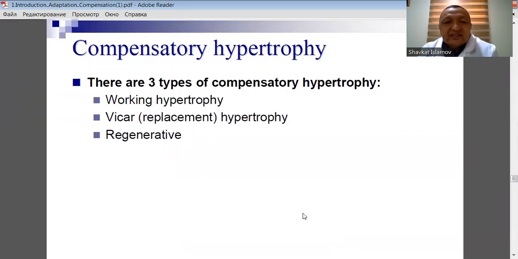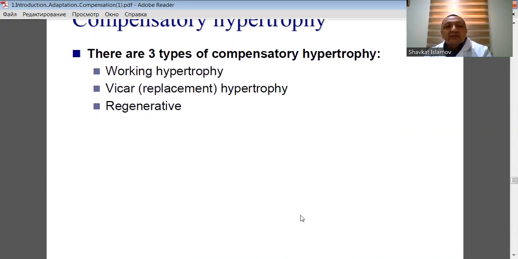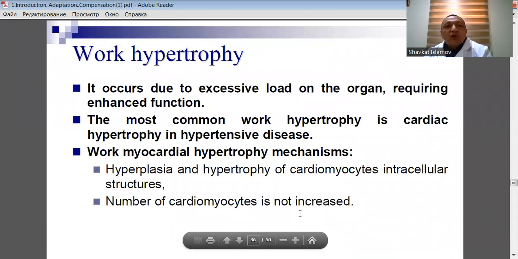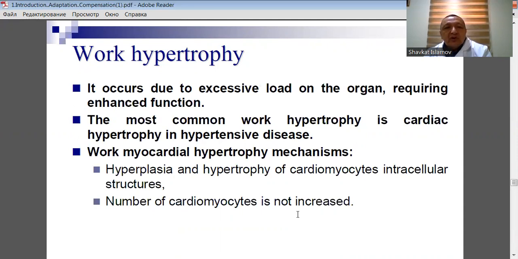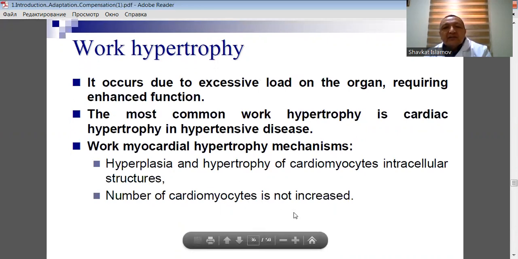There are three types of compensatory hypertrophy: working hypertrophy, vicarious hypertrophy, regenerative. Working hypertrophy occurs due to excessive load on the organ. The most common is working myocardial hypertrophy. Mechanism: hyperplasia, the number of cardiomyocytes is not increasing.